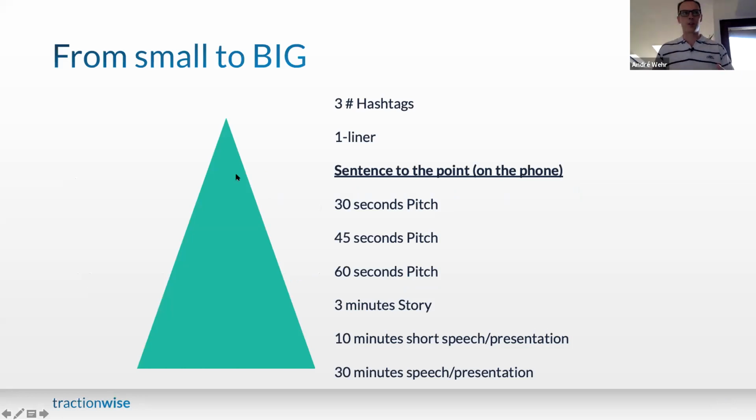That could be starting with 3 hashtags that you are using typically on existing platforms, that could be used when you are doing your mini pitch on a meetup. That is also very easy. A storyline, setting up a one-liner that might be your one line at your LinkedIn profile. Then the sentence to the point on the phone.